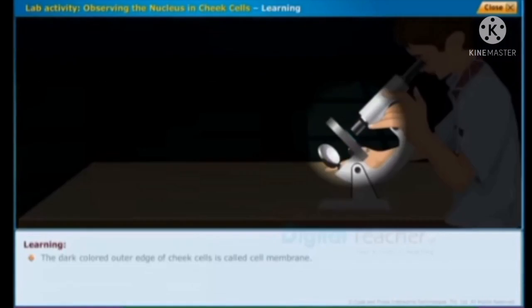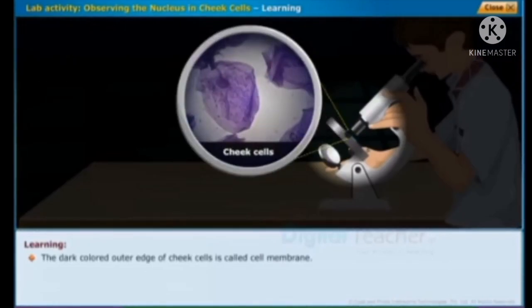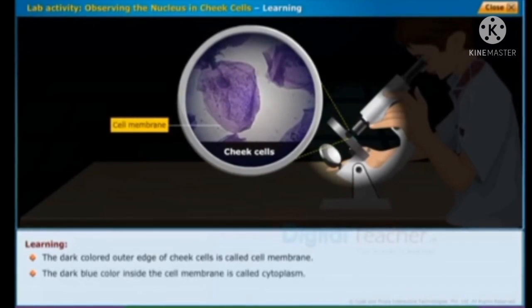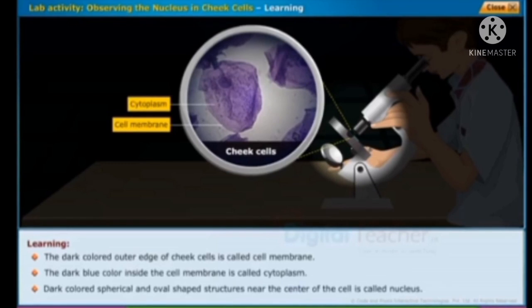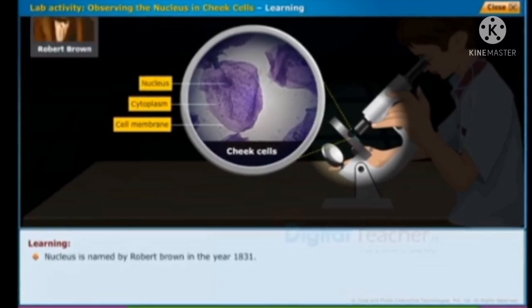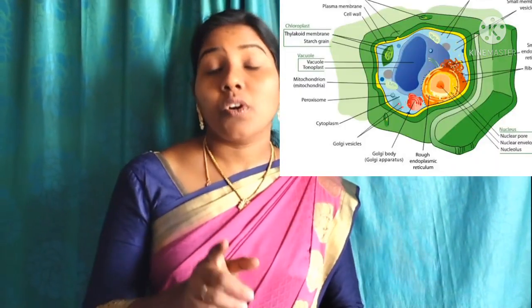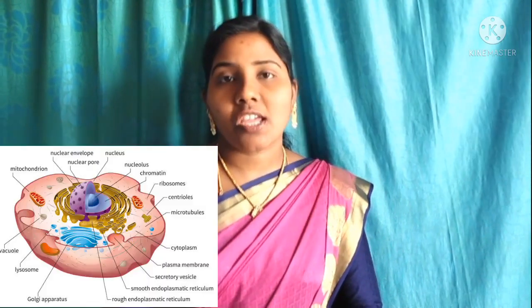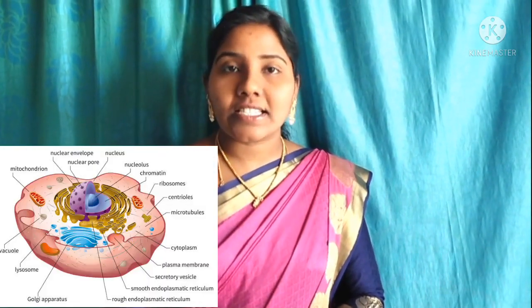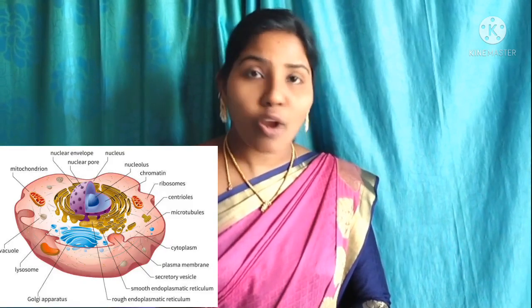Now coming to learning. By doing this activity, we learned that the dark colored outer edge of cheek cells is called the cell membrane. The dark blue color inside the cell membrane is called cytoplasm. Dark colored spherical and oval shaped structures near the center of the cell is the nucleus. In plant cells, the cells are rectangular in shape, while animal cells are oval or round in shape.